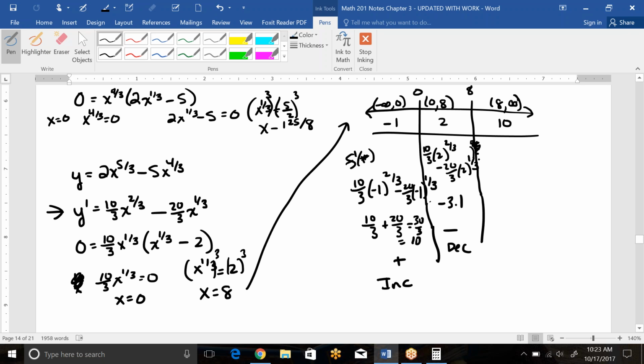And then for the last one, 10/3 times 10 to the 2/3 minus 20/3 times 10 to the 1/3.